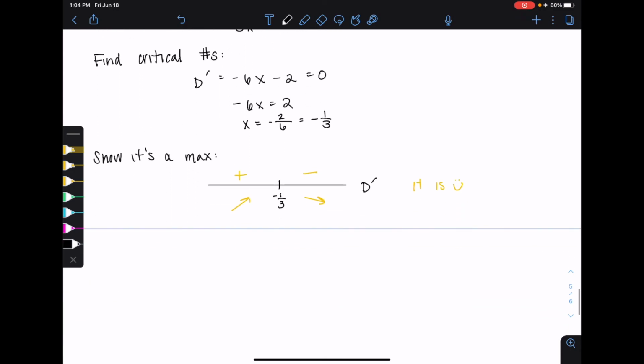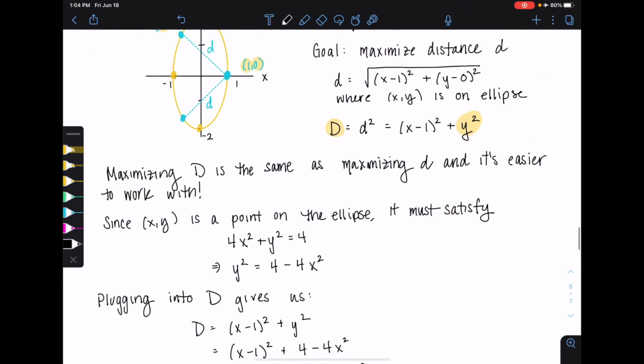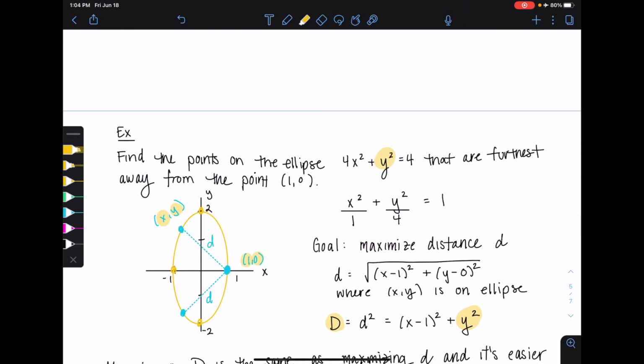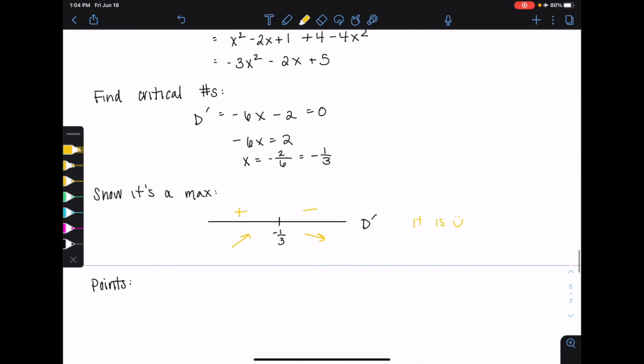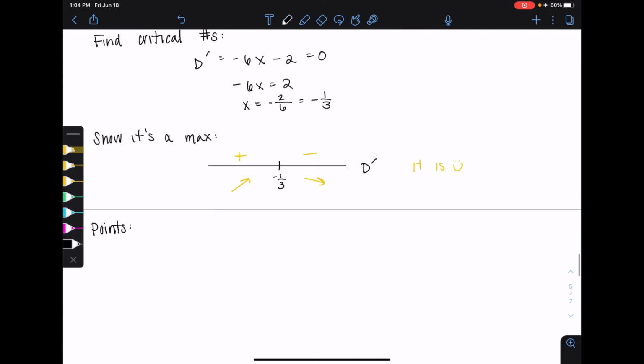We need to actually find the points. Okay. So we are asked, what are the points on the ellipse furthest away from (1, 0)? So we have our x-coordinate is negative 1/3. We need to find our y-coordinates. And we know y squared is 4 minus 4x squared by solving for that ellipse.